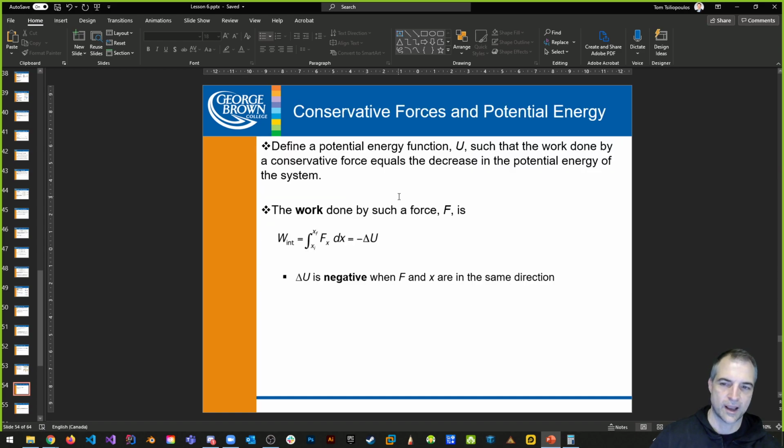Why? Because we want to add up, and again, we're going to use these integrals again. We're going to say the internal work done on a system by conservative forces is equal to the integral between the initial position and the final position of the force along the x-axis, which when we break it down is negative delta U, where U is potential energy.